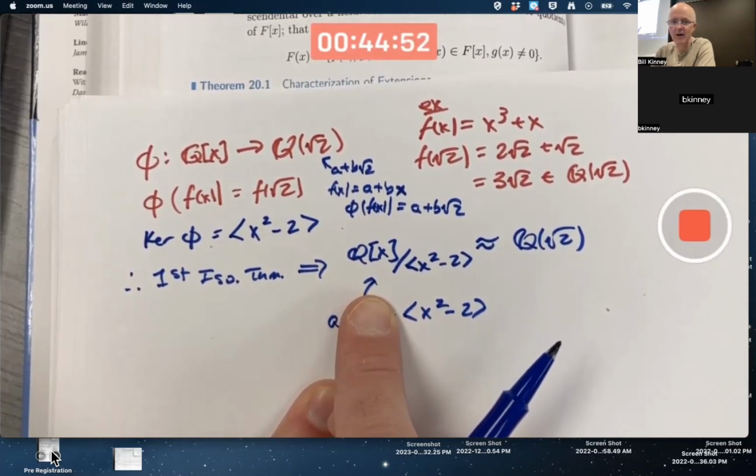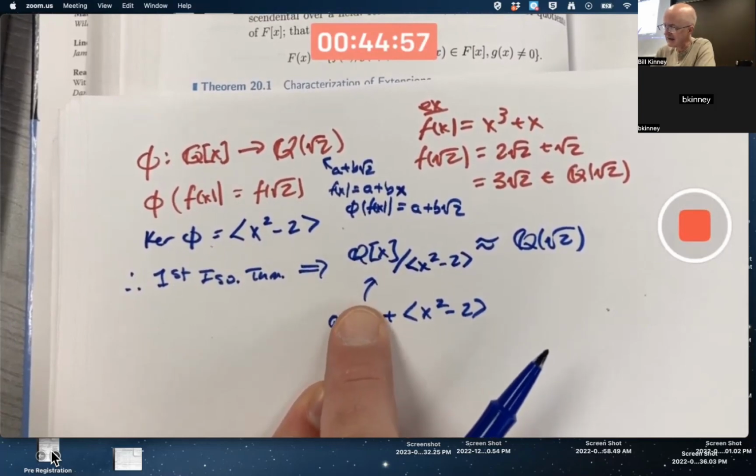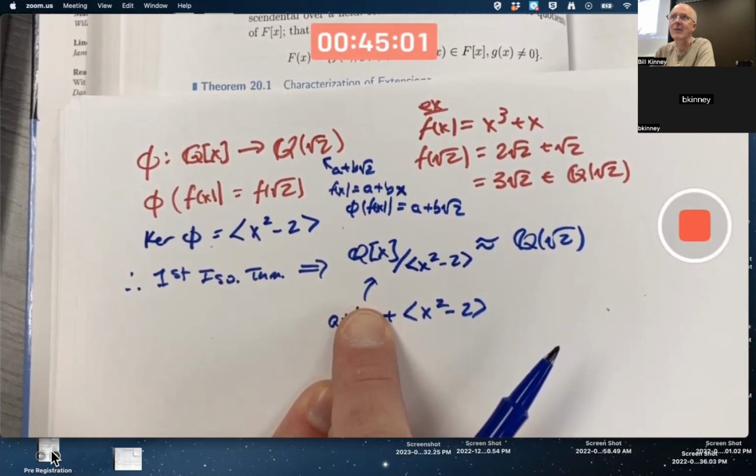Effectively, you're identifying all cosets of this form, a plus the ideal, where b is 0, as being rational numbers. Even though they're not rational numbers, they're cosets. But that's the kind of thing that algebraists do, is they don't distinguish between isomorphic things.